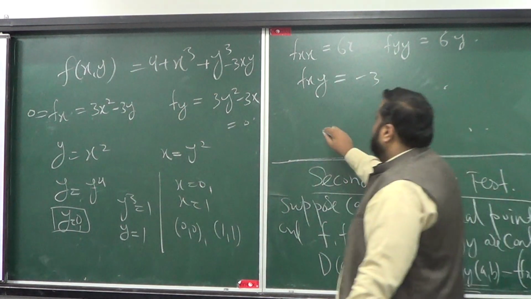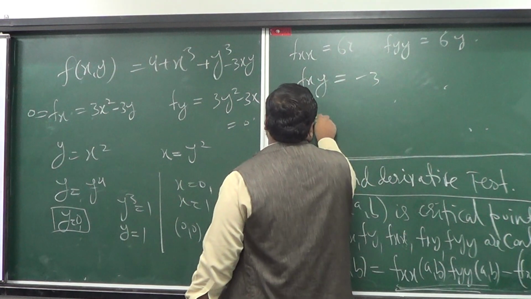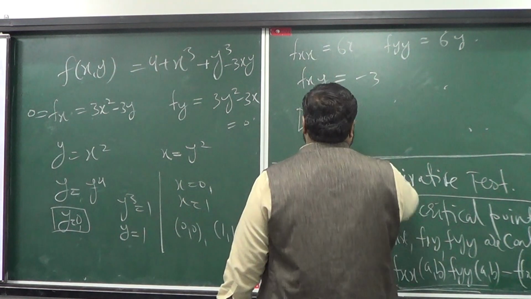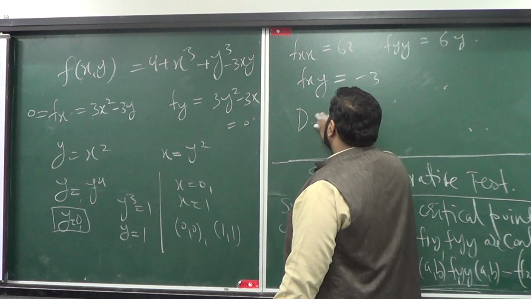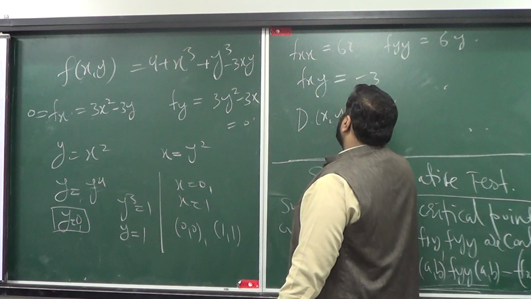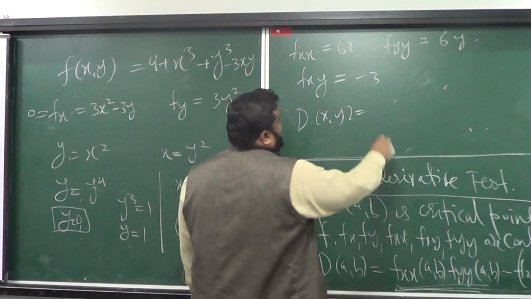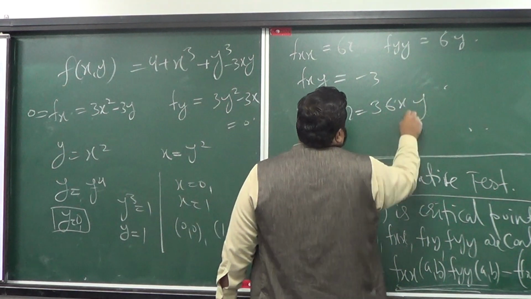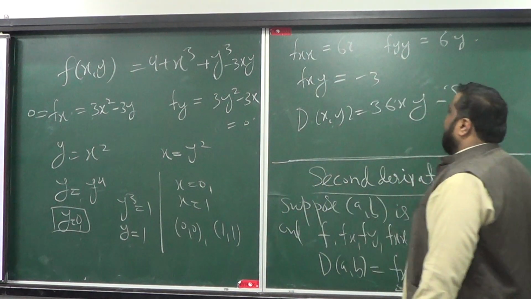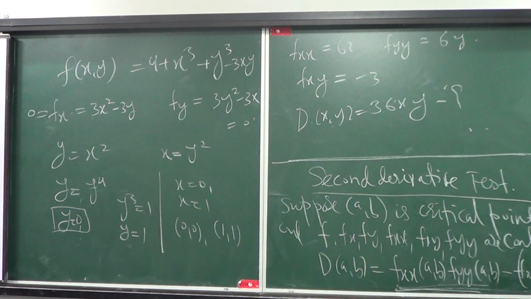And then the D of xy is going to be fxx times fyy minus fxy squared, so we're going to have 36xy minus 9.